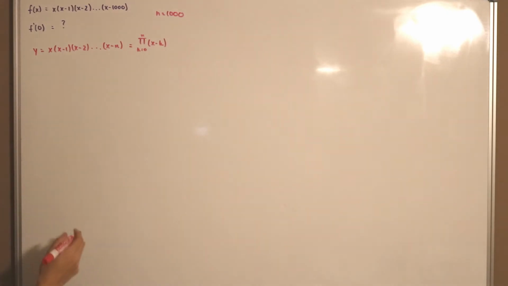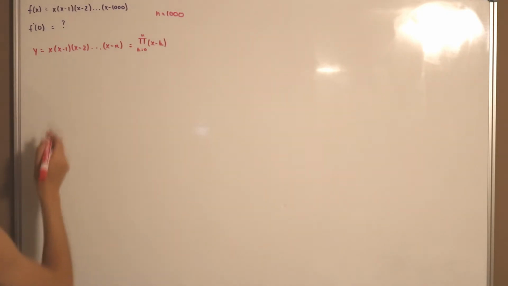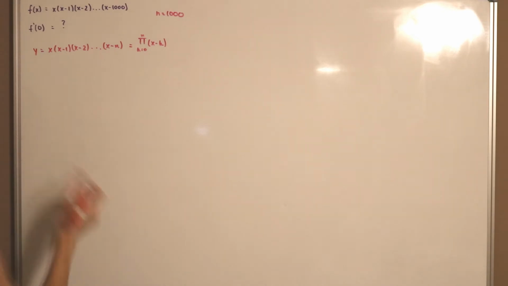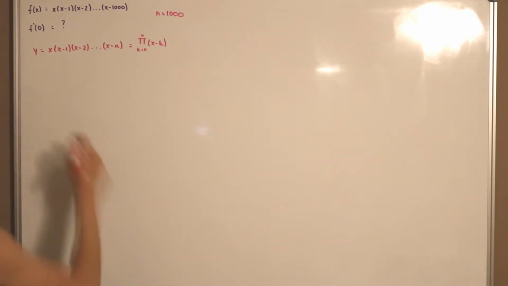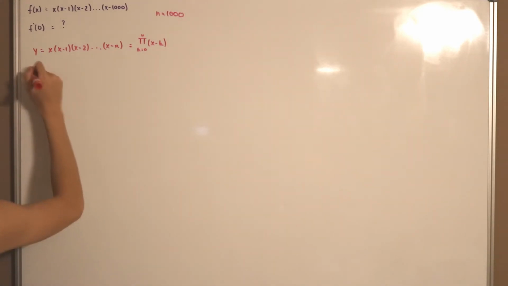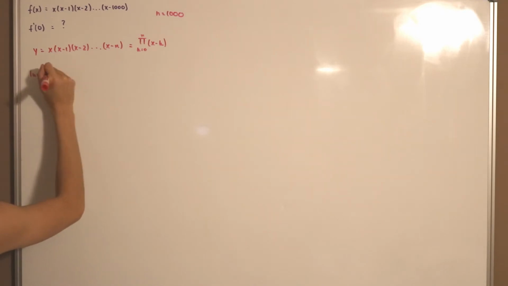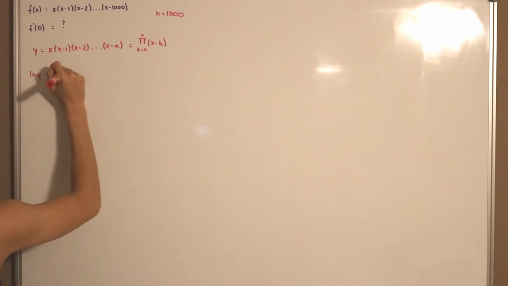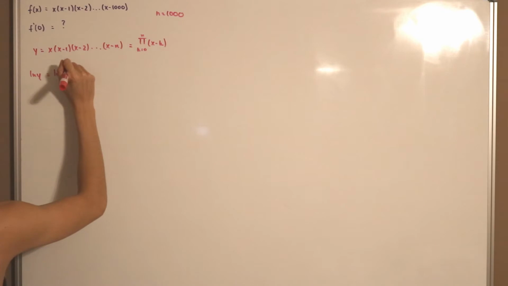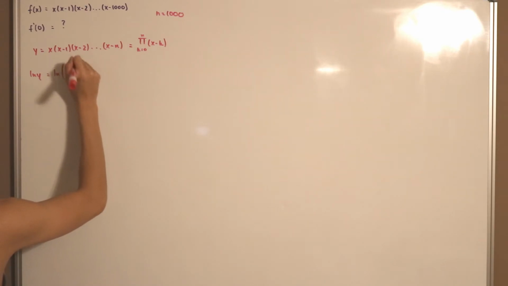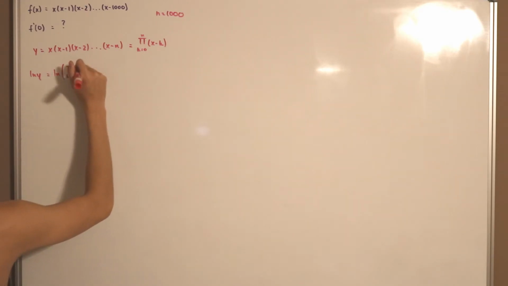Now, what I want to do next is take the natural log of both sides, so it will come down to ln of y, which is equal to ln of the product from k equals 0 to n of x minus k.